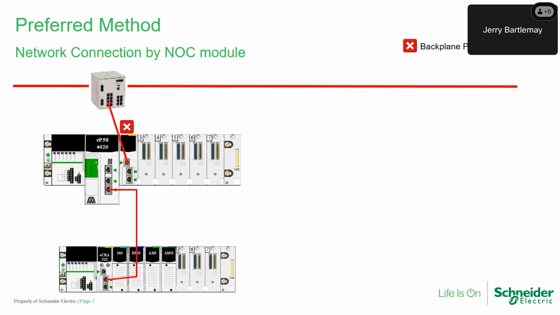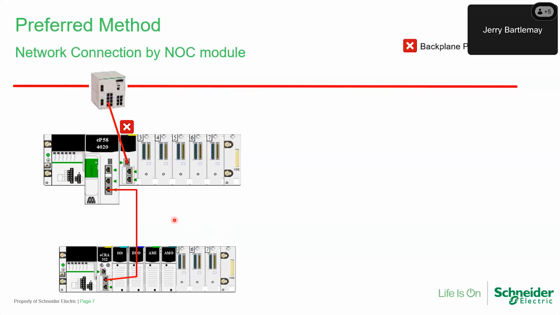But the key element here is that we can connect the plant network to this, and it actually connects and passes data to the CPU by way of the serial backplane, not the Ethernet backplane on the M580. And so that means we can disable the Ethernet backplane port and decouple this module from the Ethernet remote I/O system.